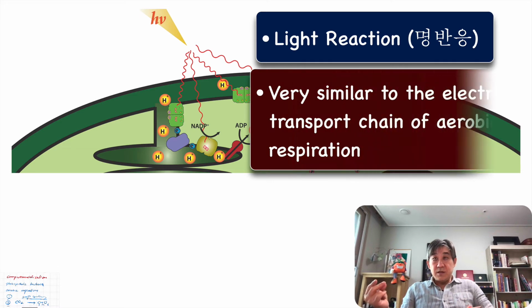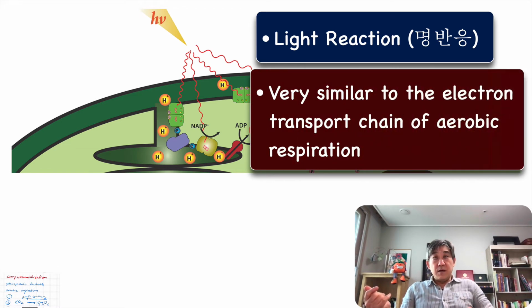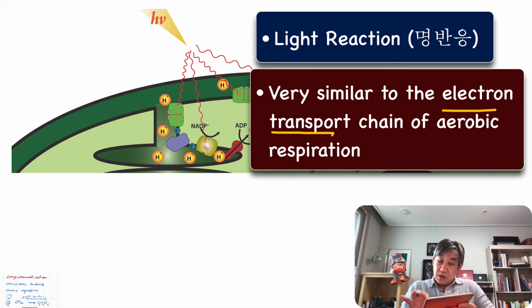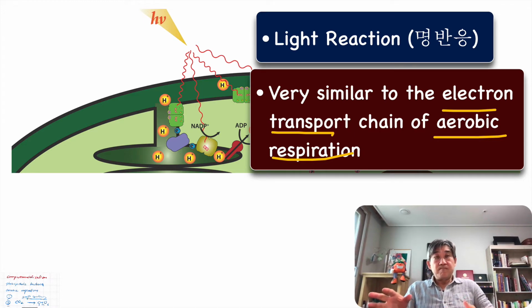What happens in this light reaction is, as I have already explained, in essence very similar to the reaction that happens during the electron transport chain in aerobic respiration, in the aspect that the accumulation of hydrogen ions within this small space drives the synthesis of ATP.